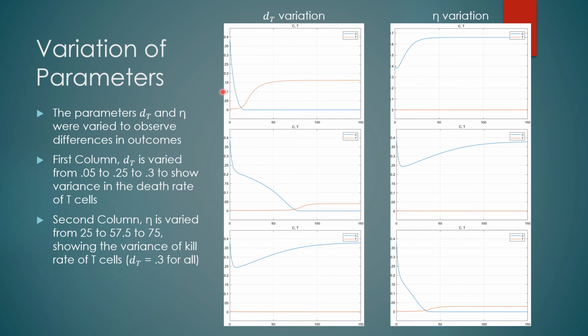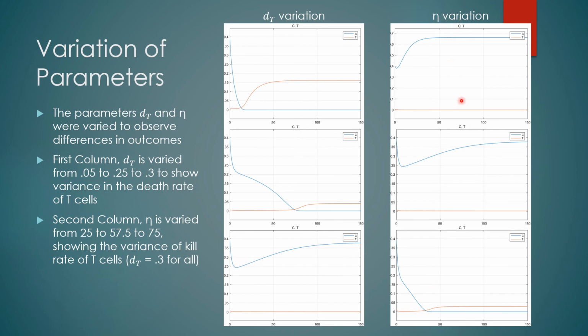You can see that at 0.05, you have a very quick degradation of the tumor, and T cells reach a healthy level. At 0.25, you see that same degradation over a longer period of time. And then with 0.3, the tumor is able to grow in the long term.